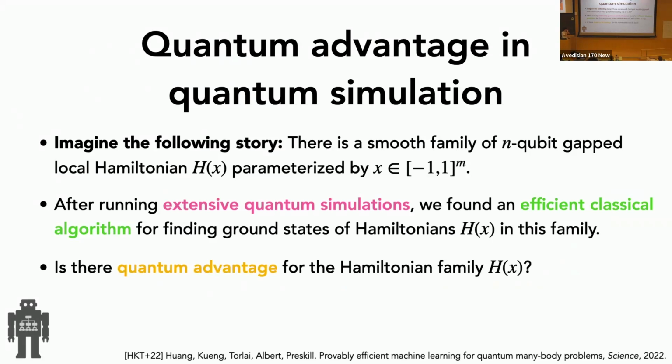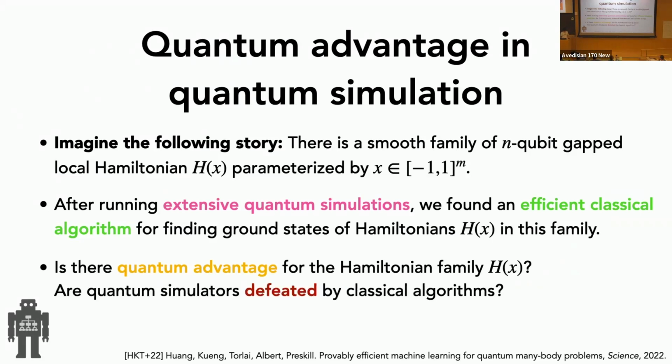So now we can ask this. In this case, do we say there's quantum advantage for this Hamiltonian family? In some sense, it feels like no, because there's an efficient classical algorithm for finding the ground state of this Hamiltonian. So it seems like the quantum simulator is now defeated by the classical algorithm.